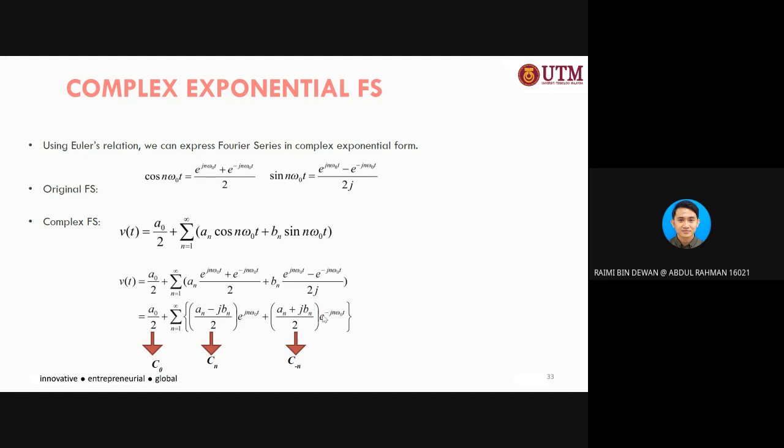And then the next is e^(-j n omega naught t), which we factorize, and then we have (an plus j bn) over 2. So this is your cn, and this one is its counterpart, which is c negative n. So you will have c naught, cn plus c minus n here.